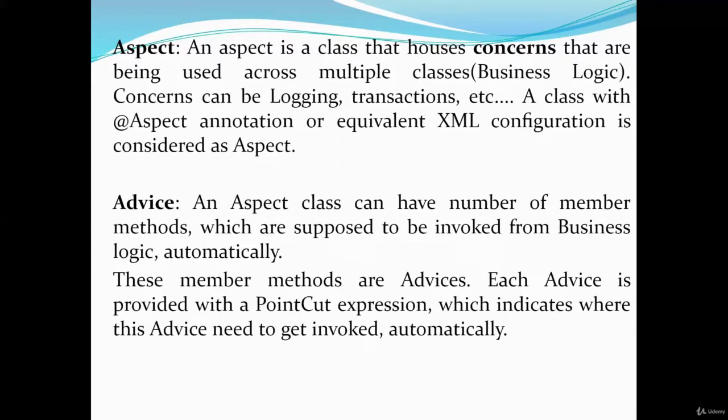We want to separate the business logic from the cross-cutting concerns, that is logging or transaction handling or anything else, and place these cross-cutting concerns inside the methods available in the aspect class. These methods defined inside the aspect class are termed as advice.